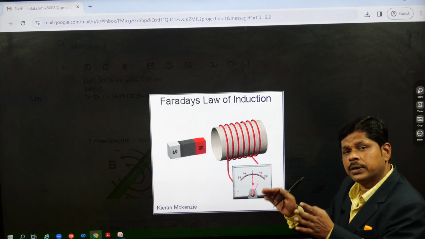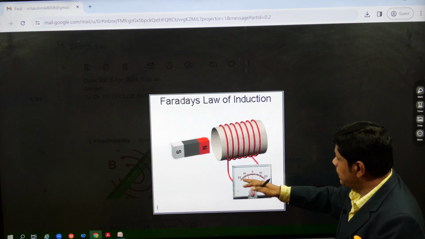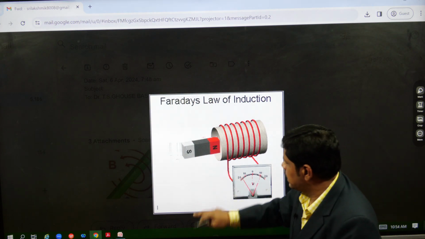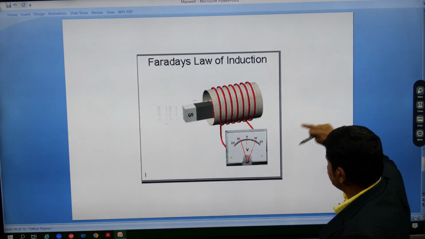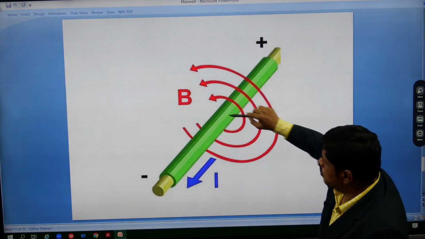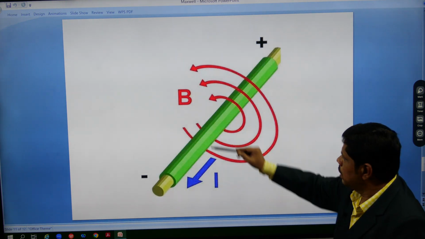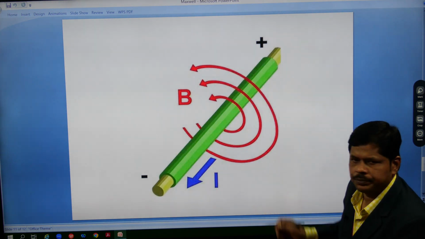That is what it is. Del curl H bar is equal to J bar plus dou D by dou T. This is the third equation, and the last one is the fourth equation. Around the closed loop, the magnetic field is, del curl E bar is equal to minus dou B by dou T. Okay, thank you.